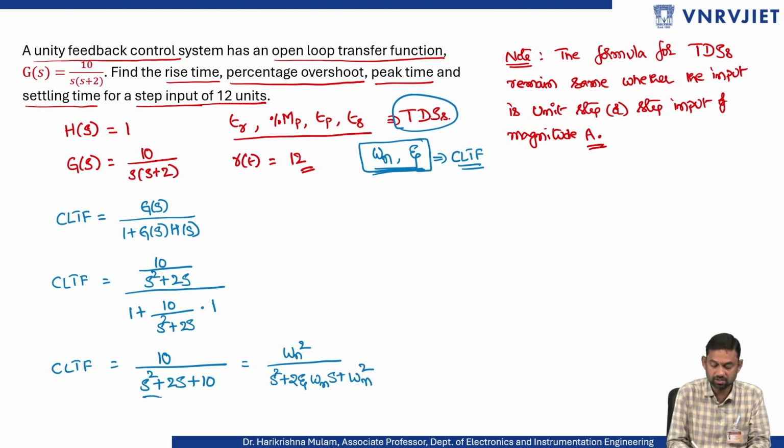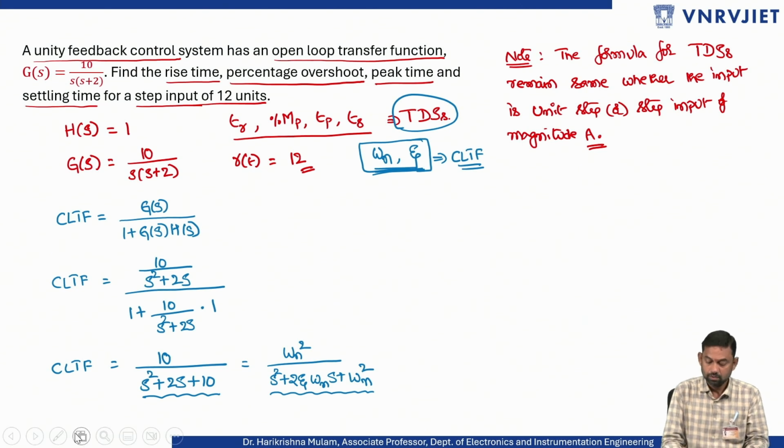Always give preference to comparing the denominators. Comparing the denominator polynomials, 10 is equal to omega n square.